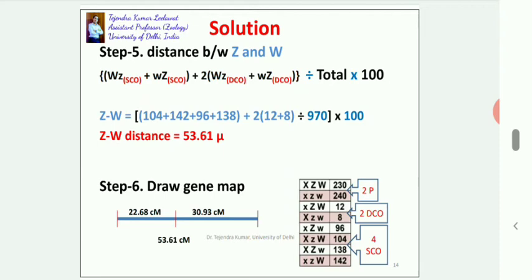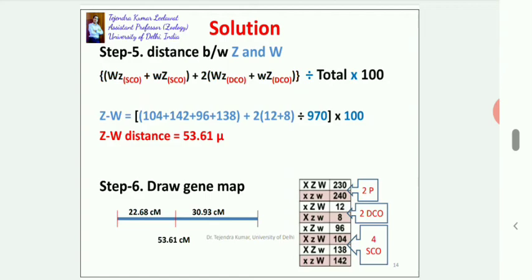Because as I told you, double crossover shows two changes, whereas single crossover changes only one time. It means whenever you are taking the number of sequences for the double crossover, you have to multiply by two. Otherwise, it will give you a false result.